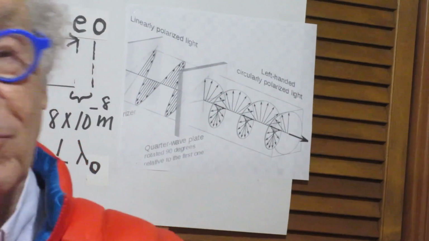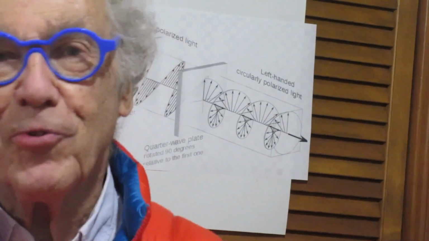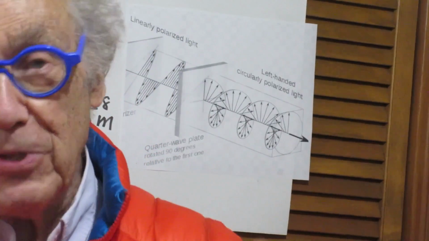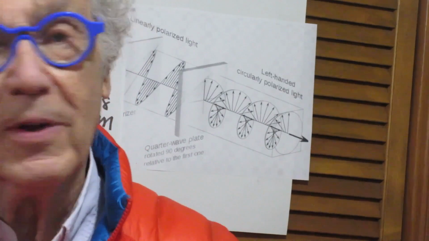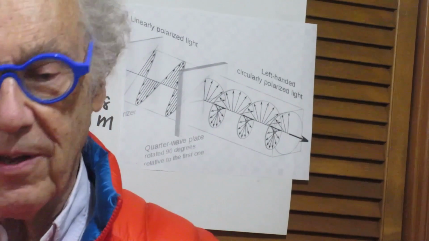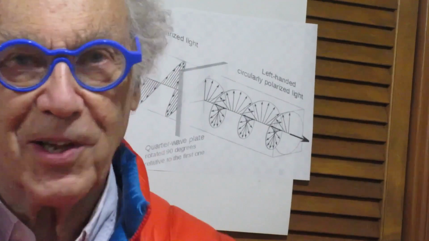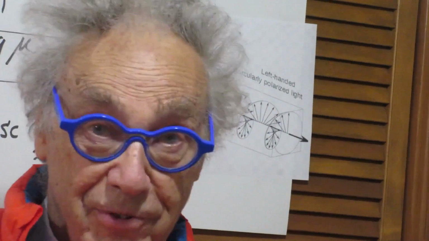And then, to put some icing on the cake, I will show you some fantastic colors using a transparent piece of plastic. I didn't select that one, I just happened to have it. We look at it through two crossed polarizers and you see fantastic colors. Alright, so that comes right after this.